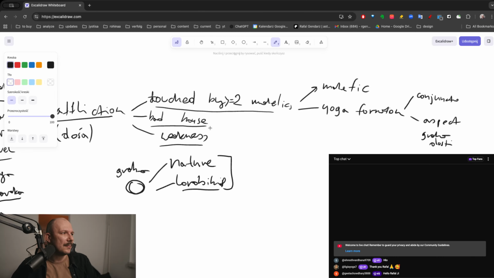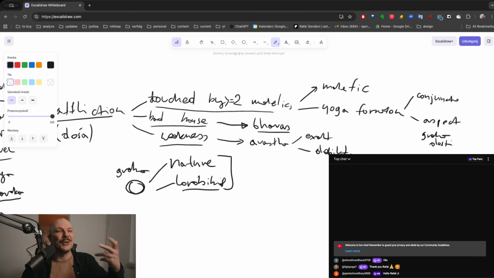Now, when it comes to bad house, this is giving you an understanding about the houses, or in Sanskrit, bhavas. And for the weaknesses, you are learning about the avastha, which means a state of a planet, right? We have exaltation, which is the strongest, and debilitation. When you first draw your chart, I remember there is this excitement: how many planets I have exalted, how many planets I have debilitated, and so on.